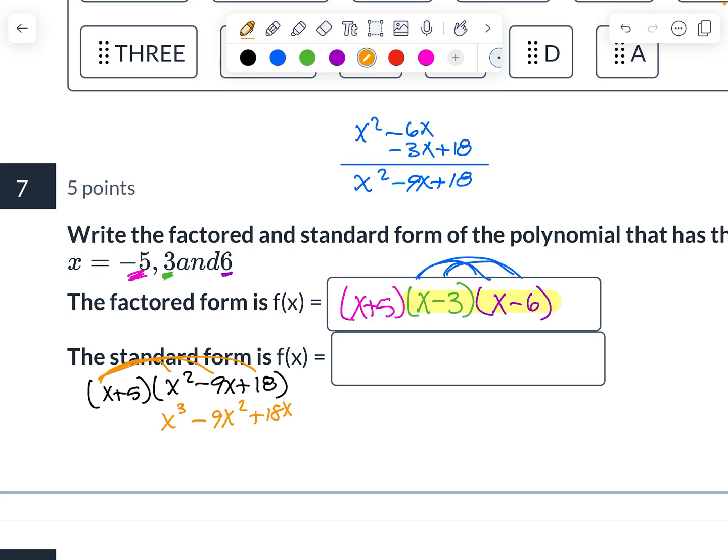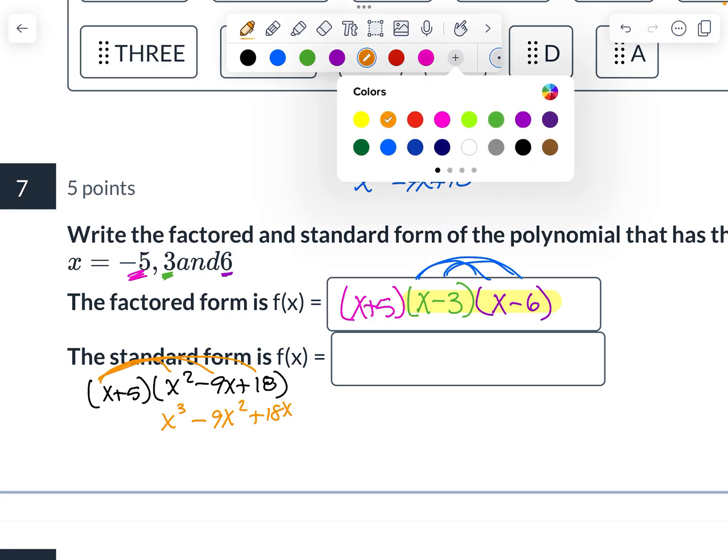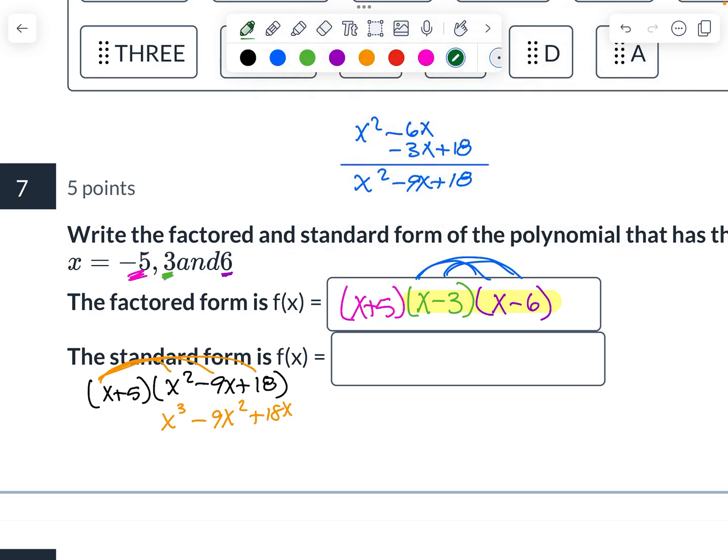And then we are going to take positive 5 and multiply each of these by positive 5.